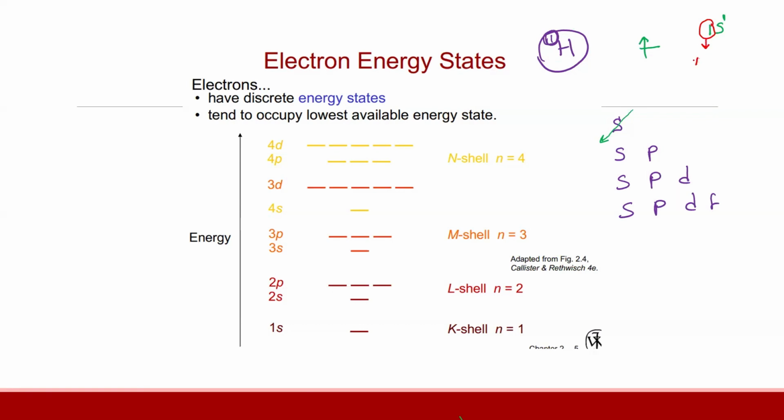This is the first shell, this is the subshell S. When you say 1s1, this is the shell number, this is the subshell name, and this is the number of electrons in that subshell. So for hydrogen, you write it as 1s1. Is that clear?